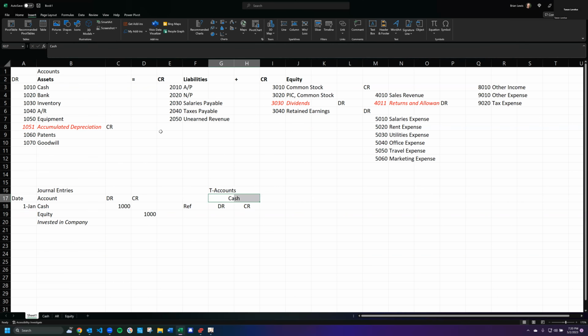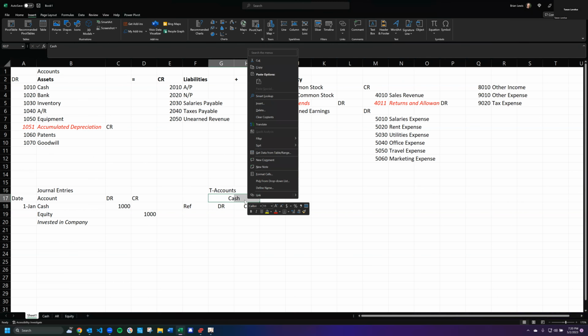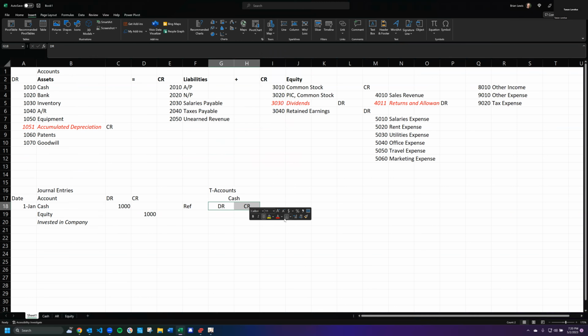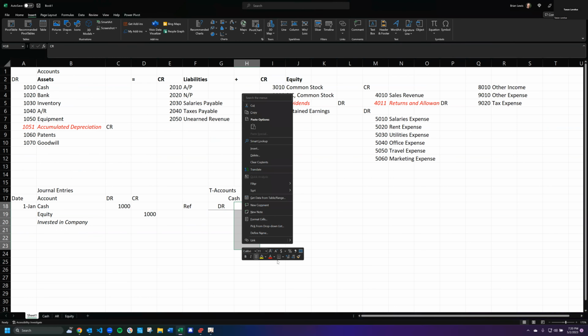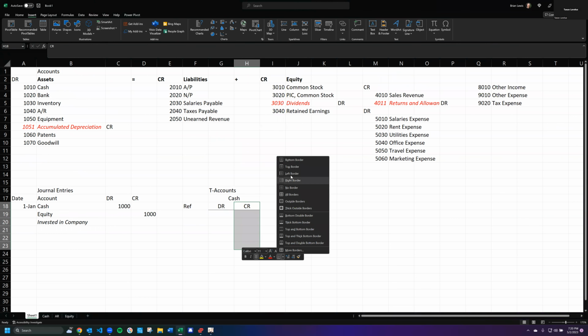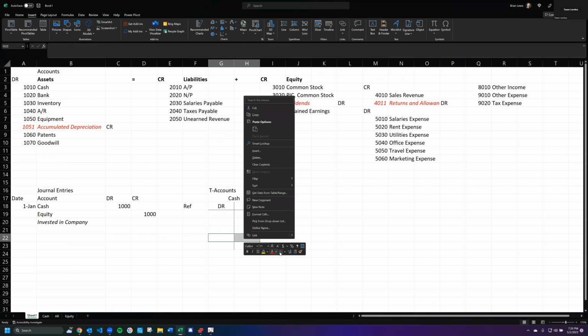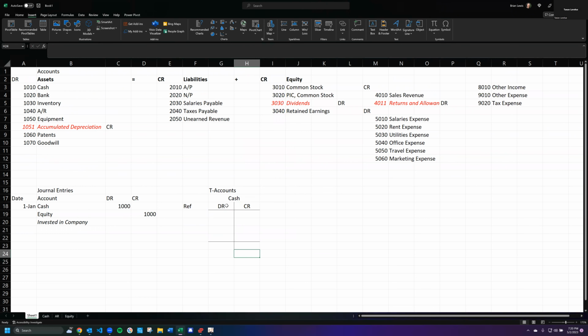I want this underlined right there. We'll do a right, and a bottom. There we go, so this is a T account.